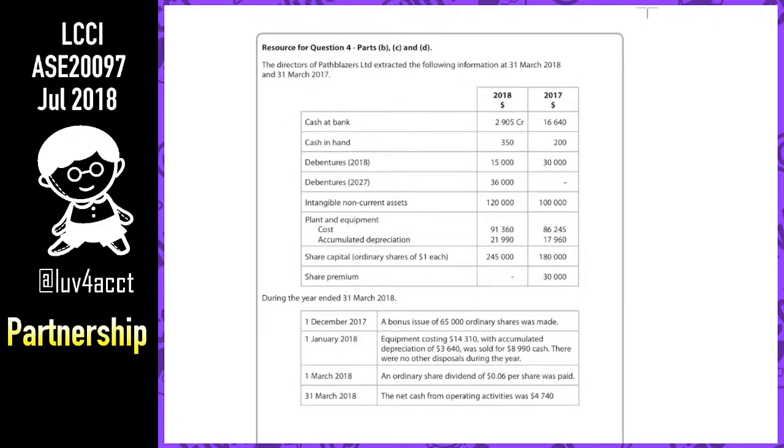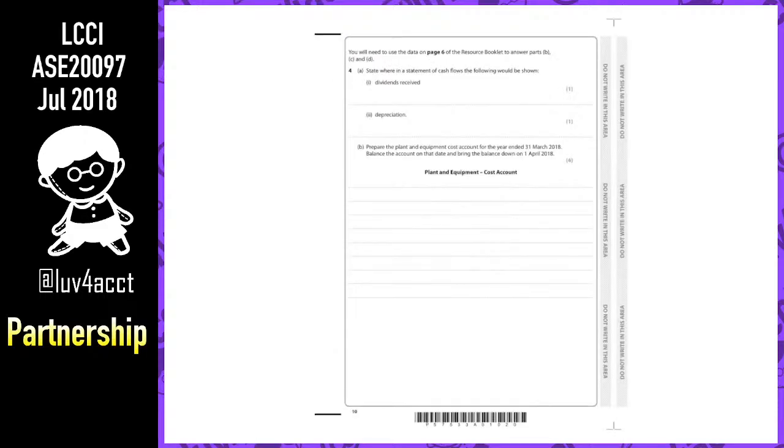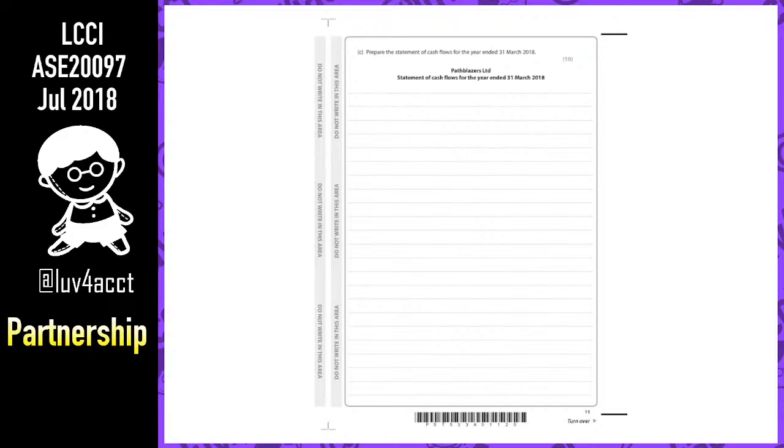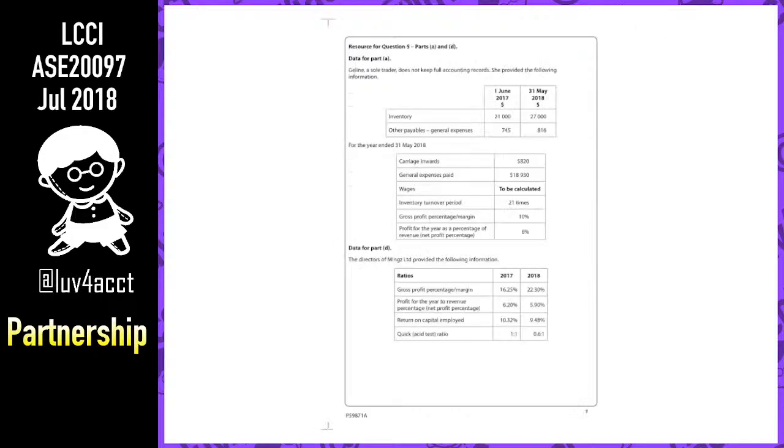This one is the statement of cash flows. Let's see. Yes, statement of cash flows, 10 marks for the whole thing, and then some explanation questions. And then the last part, do not keep full accounting record, single entry.